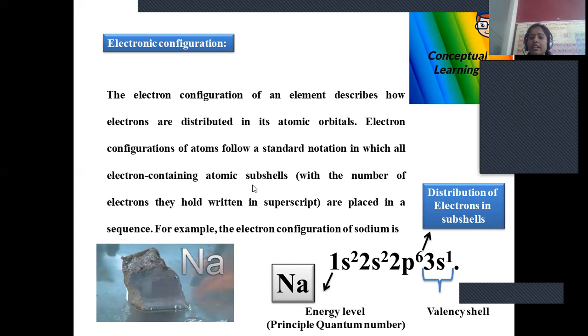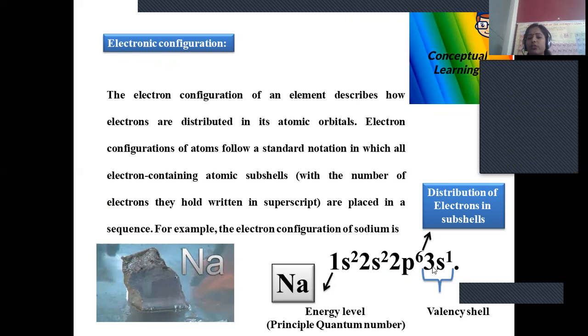For example, take sodium. Sodium is a metal of crystalline nature with a shiny surface. It is always stored in kerosene, because when stored in water, it catches fire. That's why it is not preferable to store it in water, and contact with water is also not at all preferable. When you consider its electronic configuration, it will be 1s2, 2s2, 2p6, and 3s1.